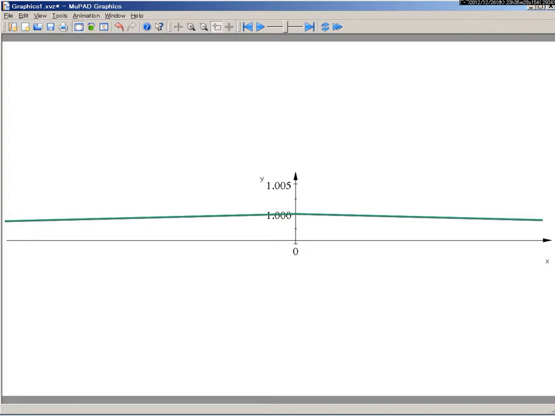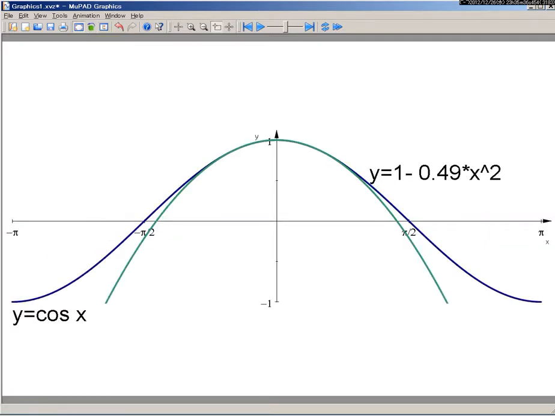They look identical, and we are going to check the number a. 0.49. So this means that y equals cosine x is nearly equal to y equals 1 minus 0.49x squared. The real second approximation is 1 minus 0.5x squared. It's very close. So we can find Taylor coefficients with computers and with our eyes.